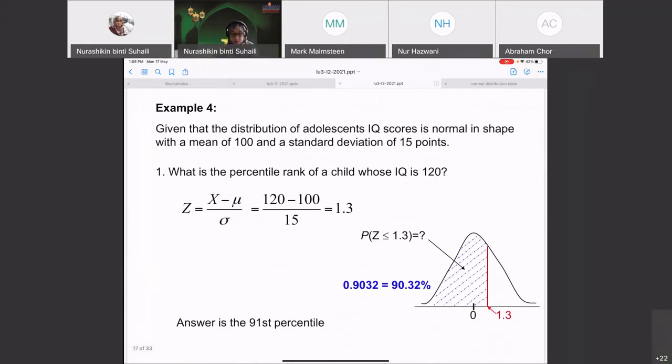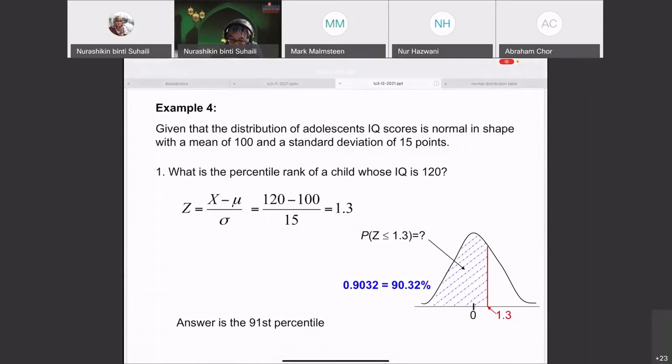Okay, let's have a look at this question. Given that the distribution of adolescent IQ scores is normal in shape with a mean of 100 and a standard deviation of 15 points, what is the percentile rank of a child whose IQ is 120?